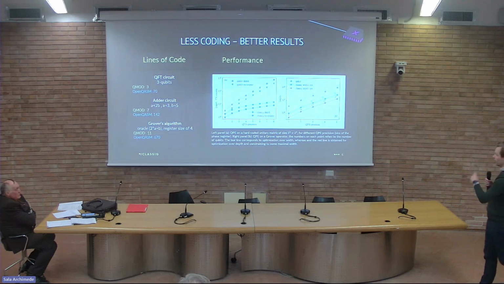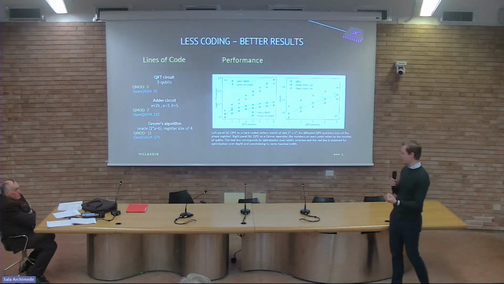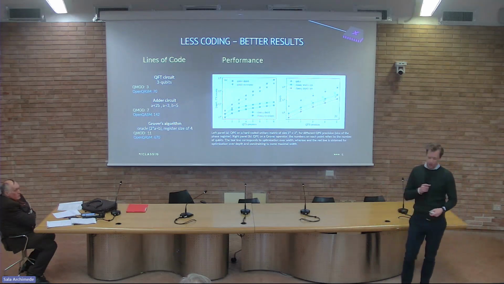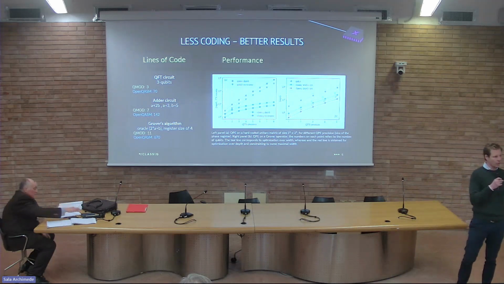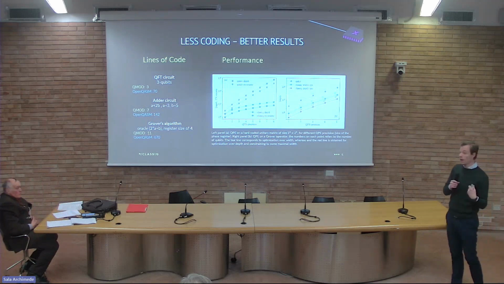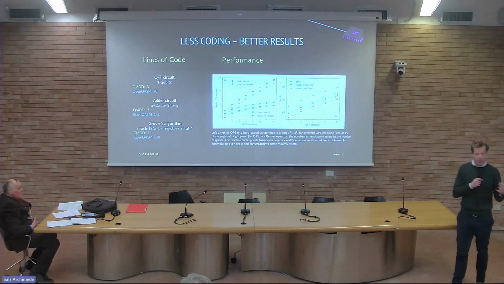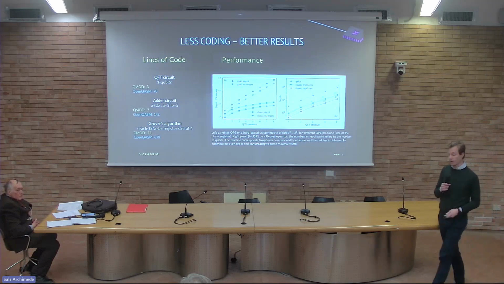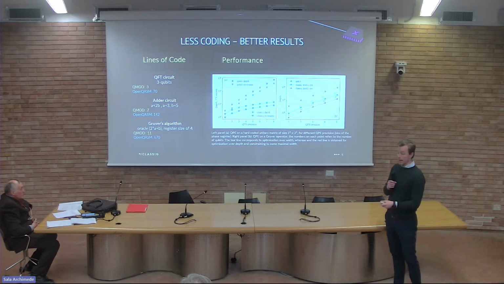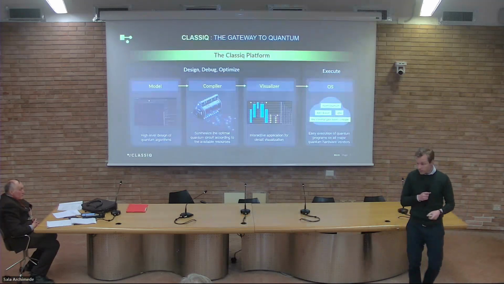So this is a comparison between Qiskit and Classiq for a specific algorithm, namely QPE, quantum phase estimation, which is a subroutine on many algorithms like Shor's, but also being used in, for example, chemistry. We show that with this approach, we can create a lot more efficient programs.